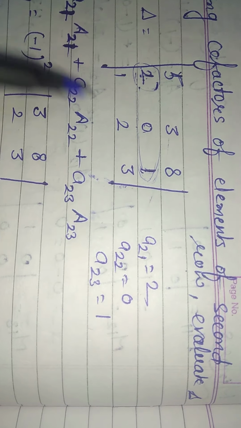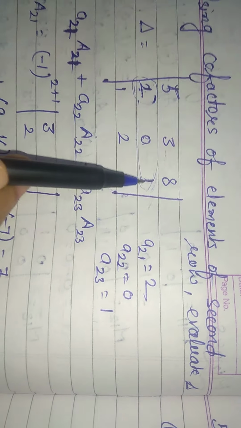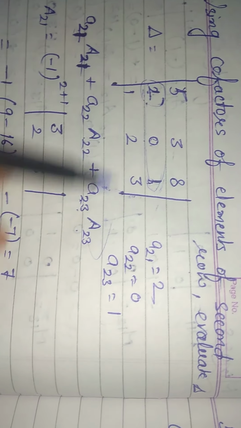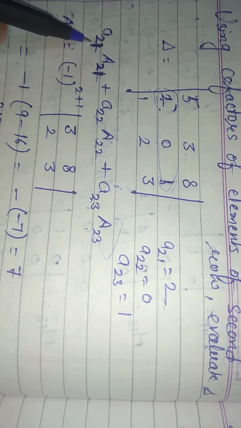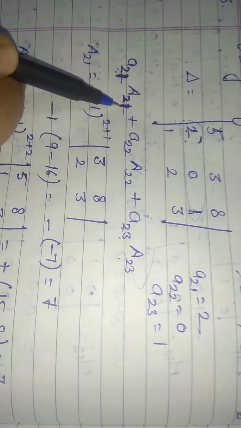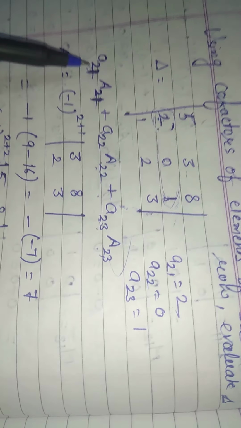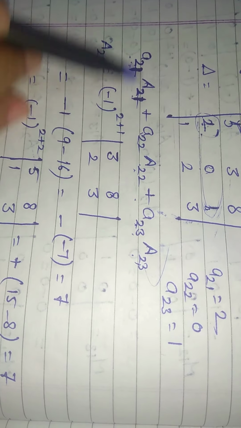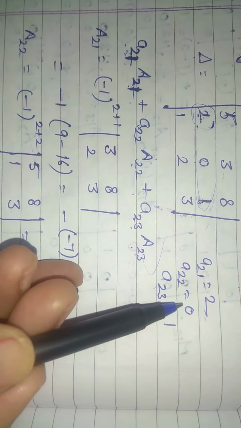A21 into cofactor of this, plus A22 into cofactor of this, plus A23 into cofactor of this. This is the value of the determinant. You can find the value of the determinant by using element into cofactor plus element into cofactor plus element into cofactor. It means the sum of products of element into cofactor of any row or any column.